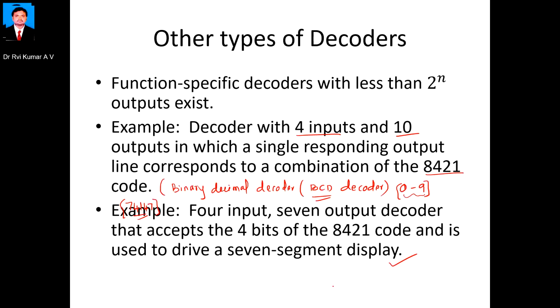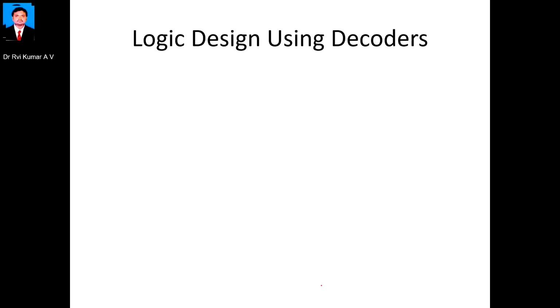This is what we call an octal decoder, so we have 0 to 7, totally 8 segments. Let's say this is your 7-segment display, with the 7 segments and the dot, the code will be decoded and used for displaying on the 7-segment.